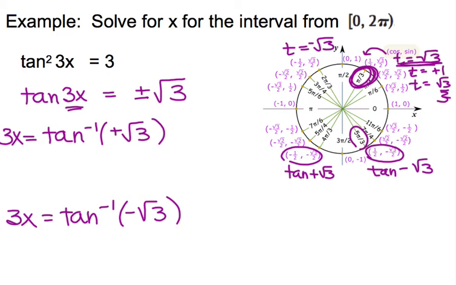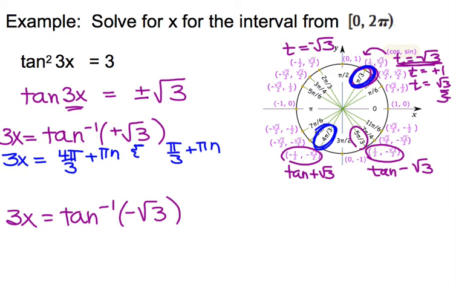So for the first one here, we're going to find positive square root of 3 for our tangent. So we say pi over 3 is a positive, and 4 pi over 3 is a positive. So we say 3x equals 4 pi over 3 plus pi n and pi over 3 plus pi n. Remember, we have to get rid of this 3, so we're going to divide everything by 3, or multiply by 1/3.